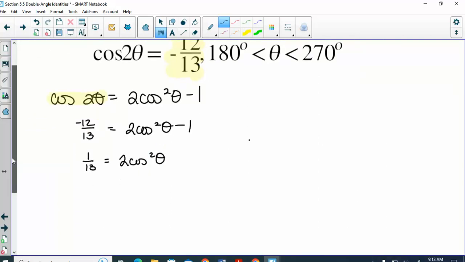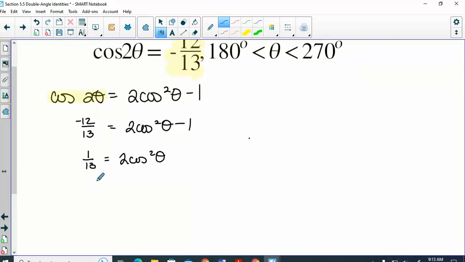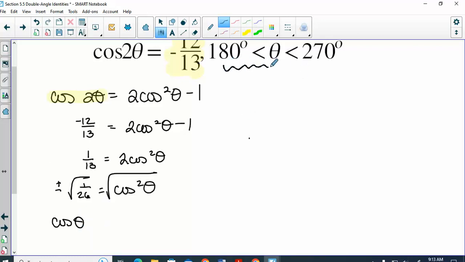Then what would we do? Divide by 2. And then we have to square root. When you square root, you have plus and minus. We have to figure out if it's positive or negative. It tells us that theta is between 180 and 270. That's quadrant 3. And in quadrant 3 is cosine positive or negative? Negative. Square root of 1 is 1. We don't know the square root of 26. So if you multiply, you get negative radical 26 over 26.